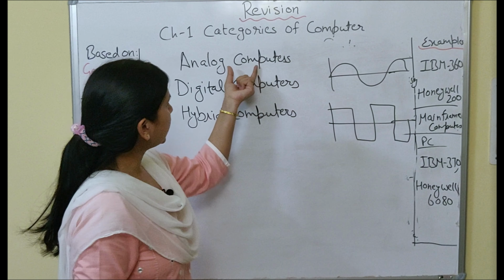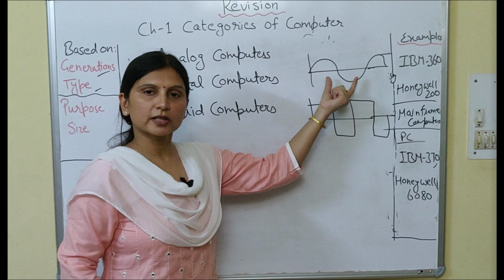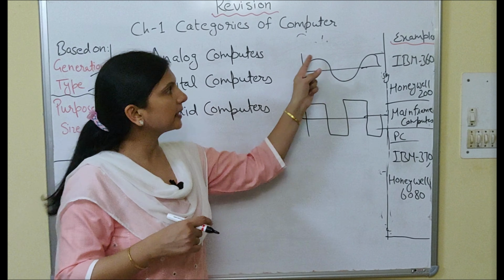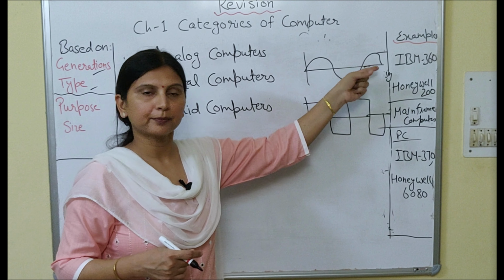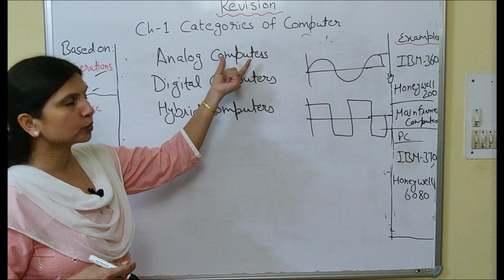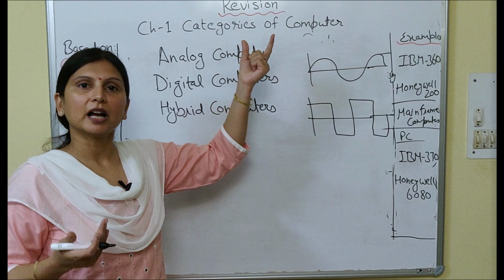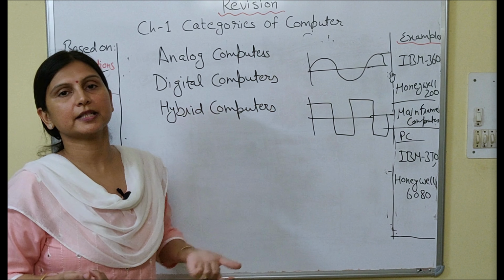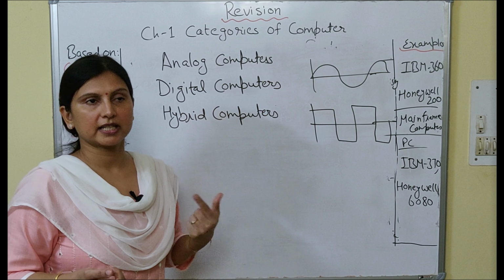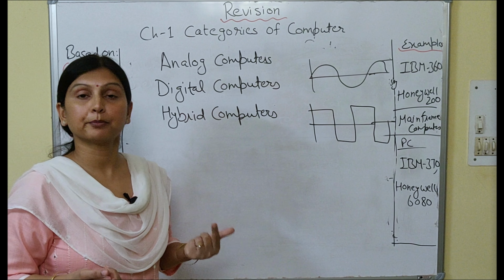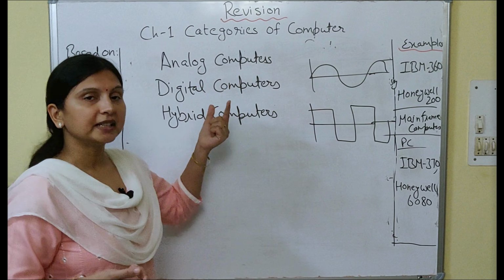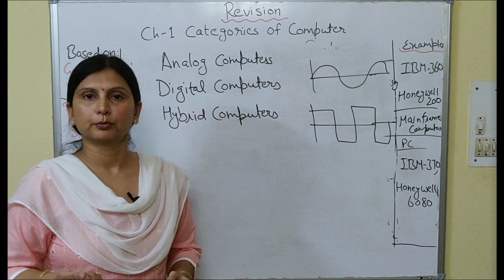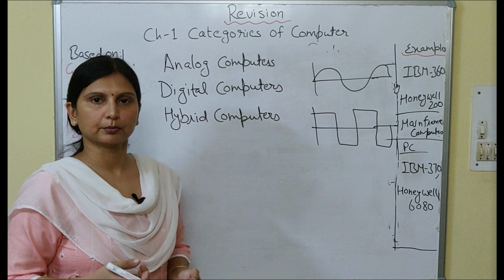Now, what is the use of analog computers? Analog computers are used to measure physical quantities like voltage, current, and temperature. So voltmeter, ammeter, and thermometer all come under analog computers. These are examples of analog computers.